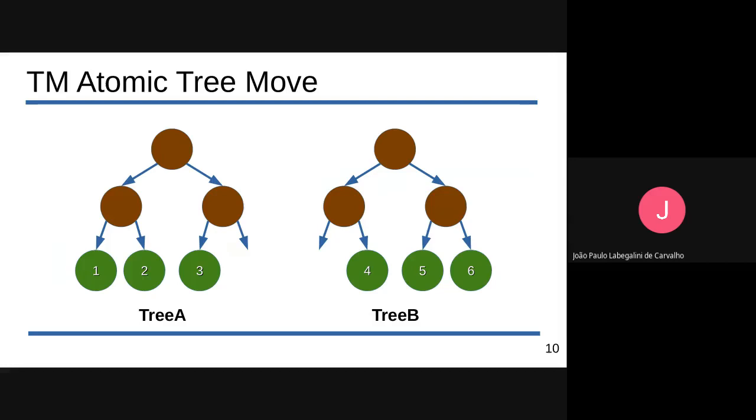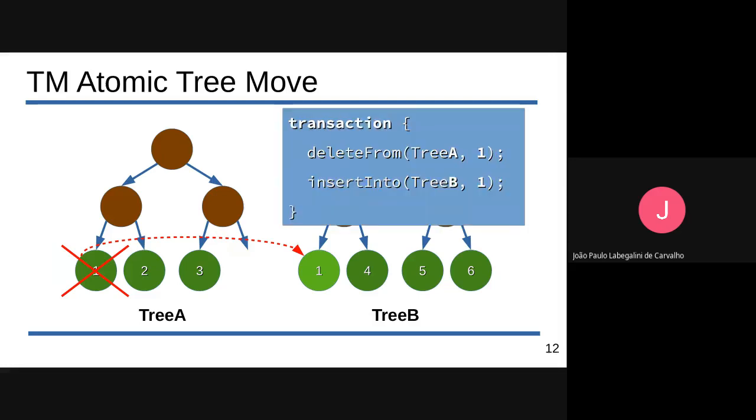If you already have a function or a method that performs this operation in a single tree, you can just wrap those calls within a transactional block, and then the whole problem is solved because transactional memory guarantees atomicity by default. So using just 3 lines of code, we can solve the same problem that required a lot of thinking to solve.